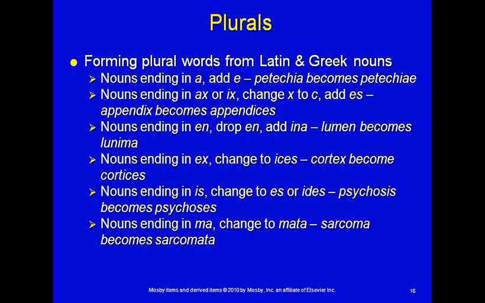Nouns ending in IS, we change the IS to ES. So psychosis, the singular, becomes psychoses. Nouns ending in MA, we change to mata. So sarcoma, which is the singular, becomes sarcomata.